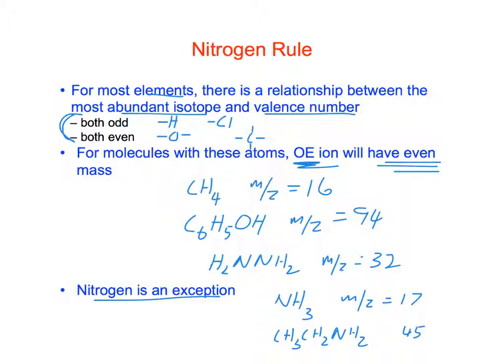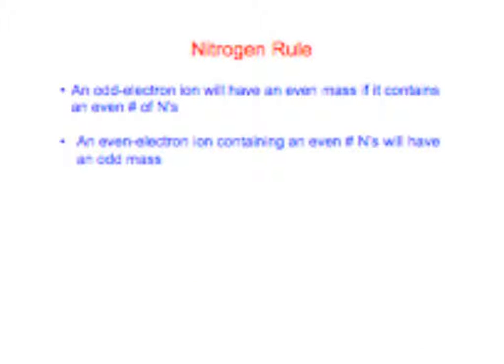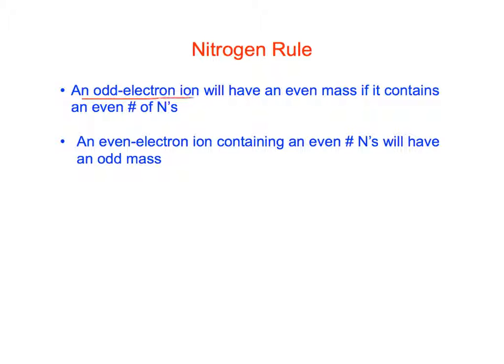All right? So this leads us to what's called the nitrogen rule. And this says that an odd electron ion, molecular ion included, will have an even mass if it contains an even number of nitrogens. 0 included. 0, 2, 4, 6, on up.